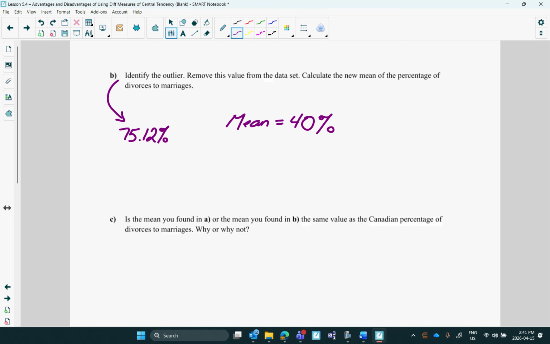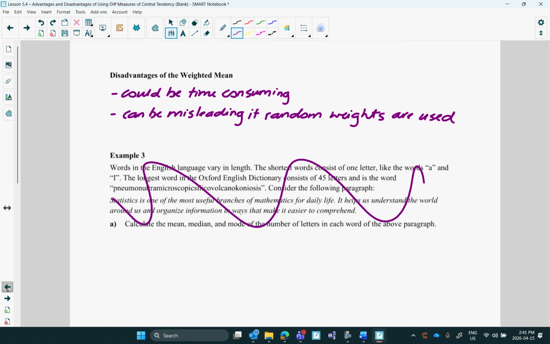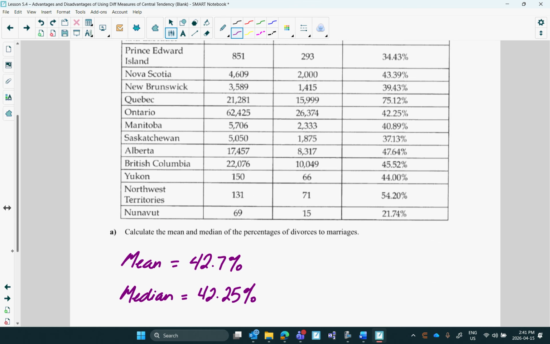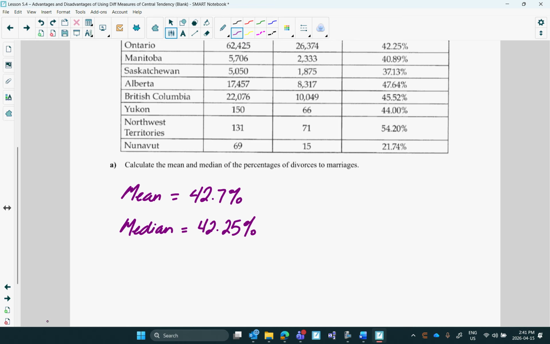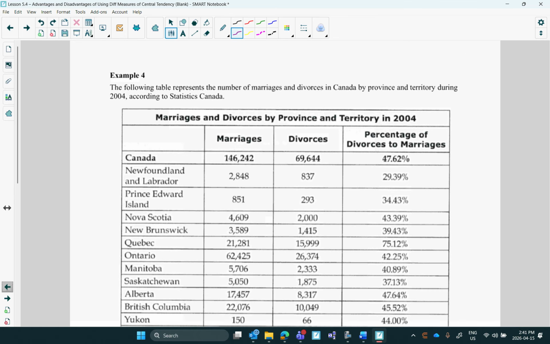And are these values 40% for a trimmed mean, 42.7% for a regular mean, obviously different than this, right?